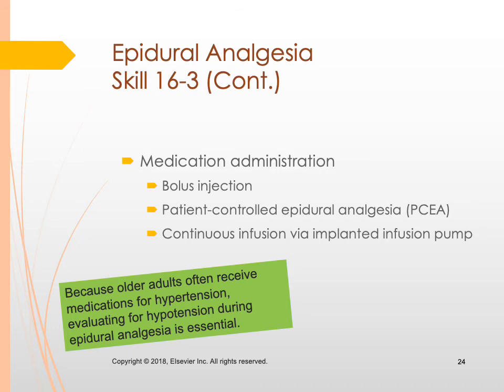So patients can have really bad complications if that catheter does migrate. We would monitor patients for headache, really bad headaches, an onset of a bad headache that may indicate catheter migration.